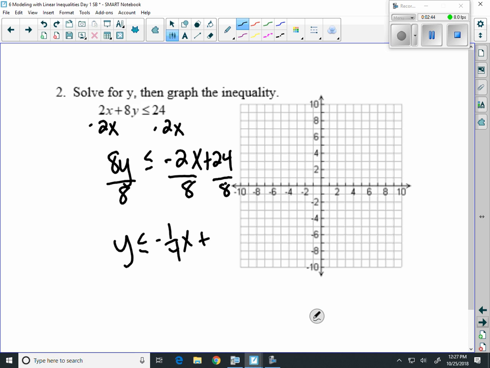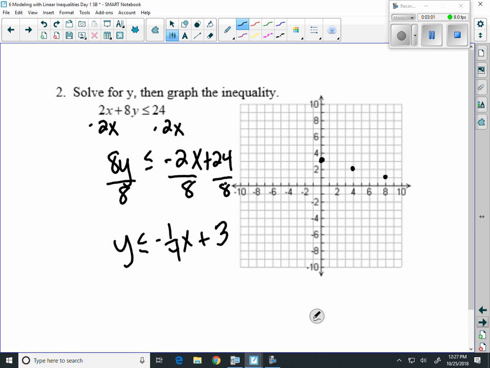Yeah, good idea though. I love that you remembered that idea. It's only if it's a negative. 3. Okay. So our y-intercept should be 3. We're going down 1 and right 4.